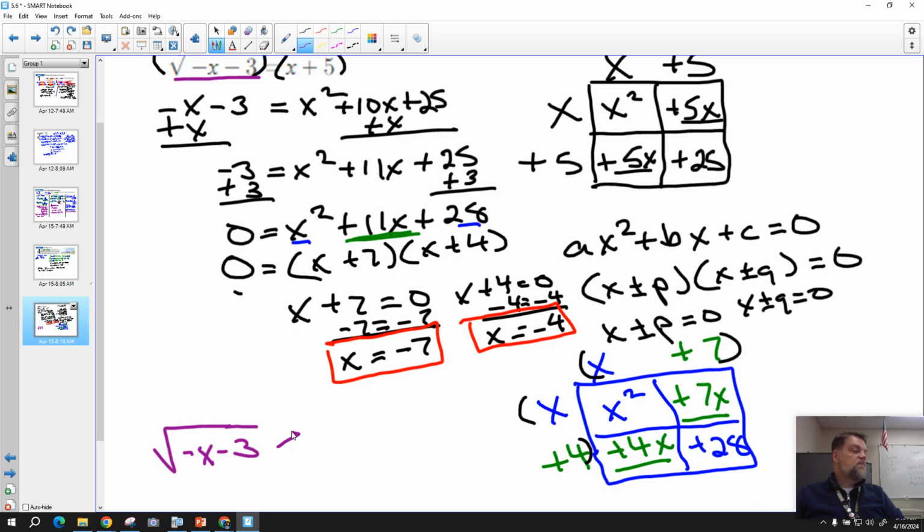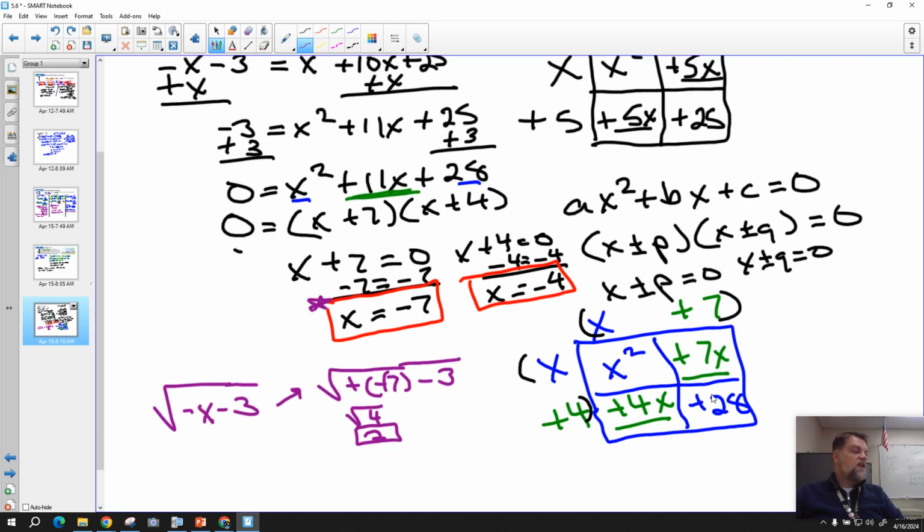So let's try it. If I say negative x, which is negative 7, minus 3, this becomes a positive, and so we end up with the square root of 7 minus 3, which is 4, which is just 2. So this one works. This one checks out. But now let's try the other one.